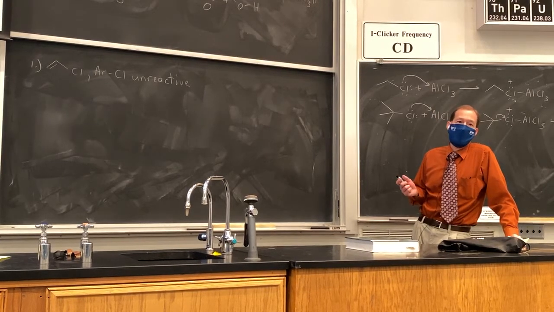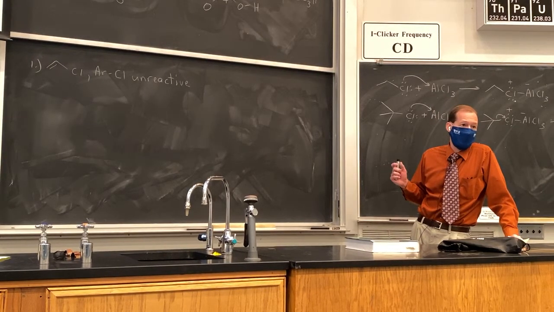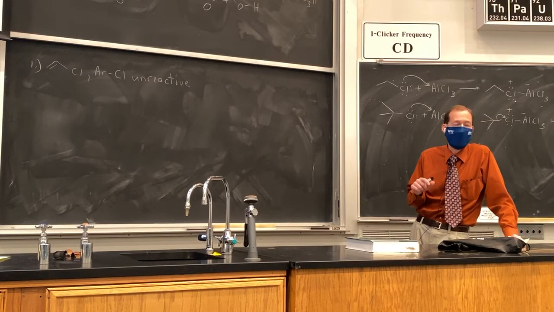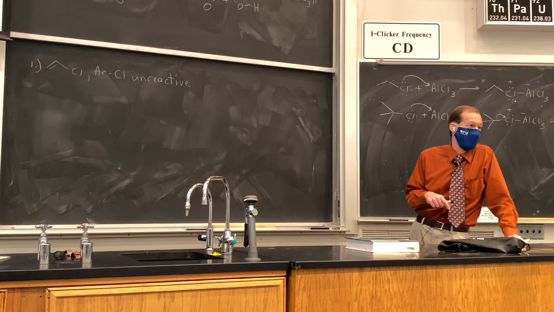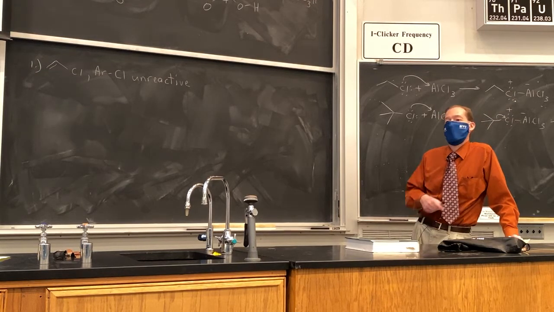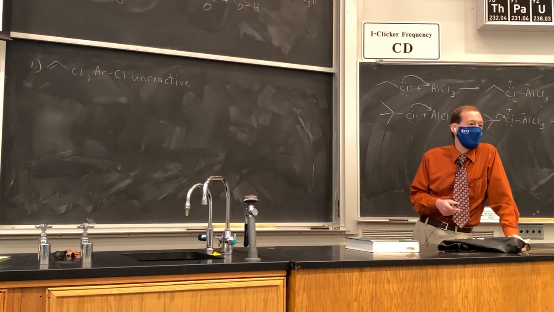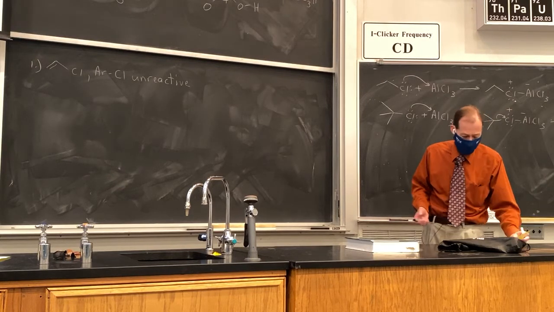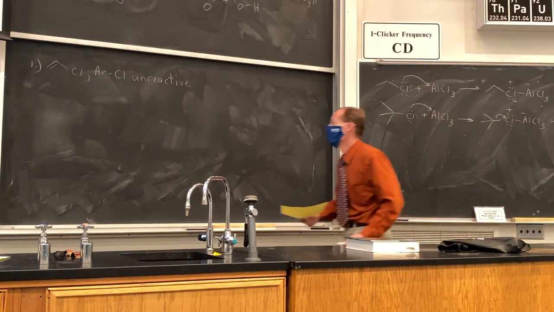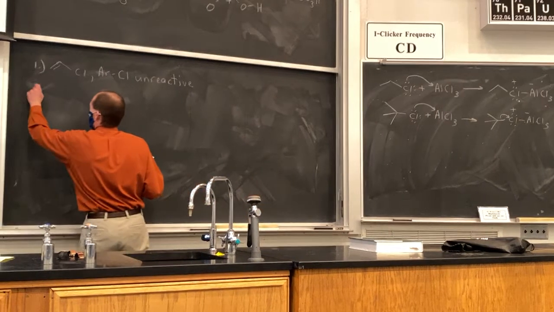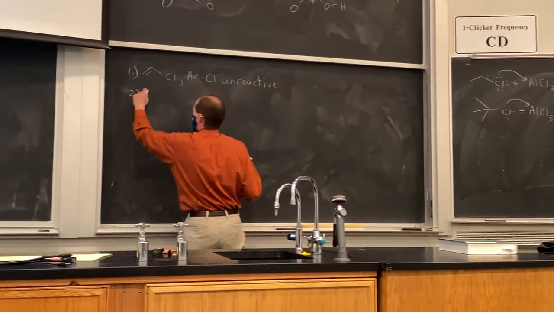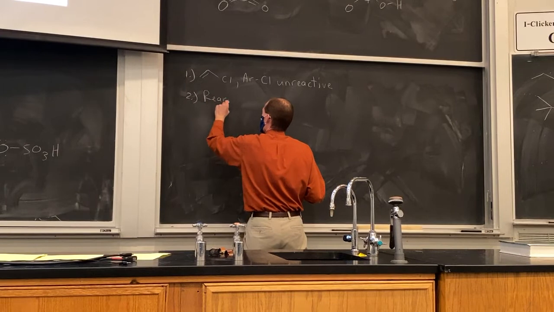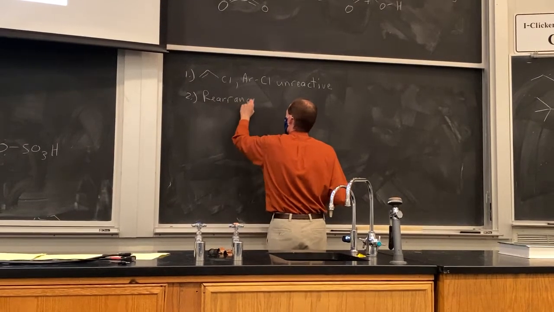Now, in most cases, unless it's a primary alkyl halide, we're forming a carbocation as our electrophile in a Friedel-Crafts alkylation. What can happen in reactions involving carbocations? Rearrangements, exactly. So, the second point we need to know about Friedel-Crafts alkylations is that rearrangements can occur.